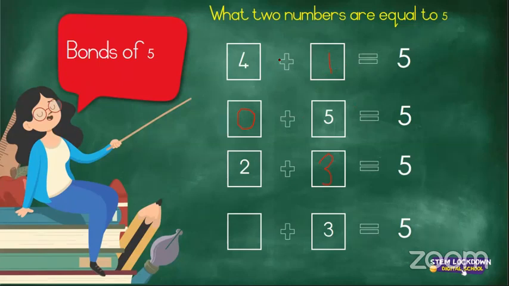An empty block plus 3 gives us 5. Kobe? It's 2. Good, it's 2. 2 plus 3 equals 5. Very good, Kobe.